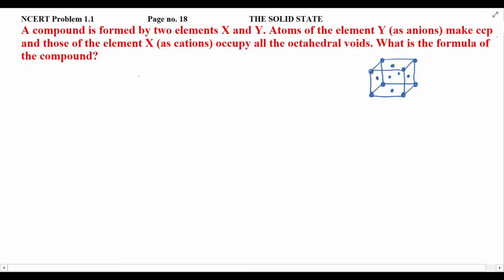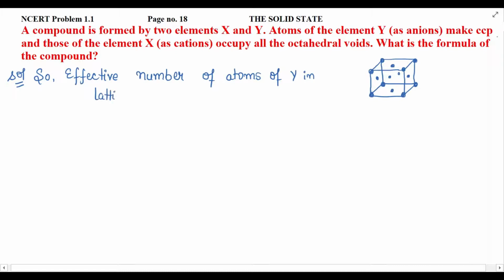So first of all, we'll see the effective number of atoms of Y in the lattice, right? So how can you find the effective number of atoms of Y in lattice? Let's write that. Effective number of atoms of Y in lattice equal to, now we are talking about the contribution of atoms in a unit cell, right?